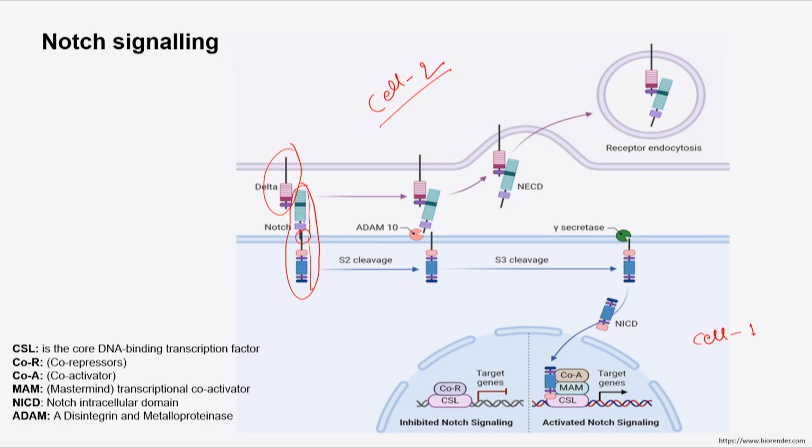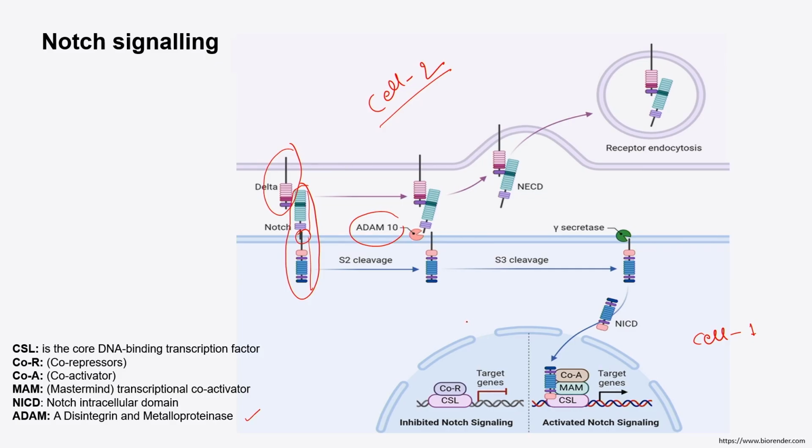These epidermal growth factor like domains present in the Notch extracellular domain can interact with the Delta ligand, and once there is a binding, a protease such as A Disintegrin and Metalloproteinase, also called ADAM10, for example, can do a cleavage here.